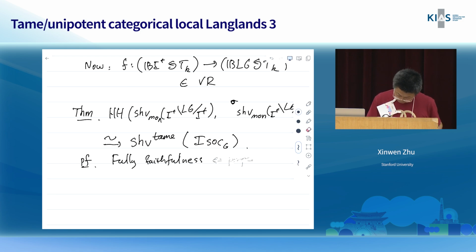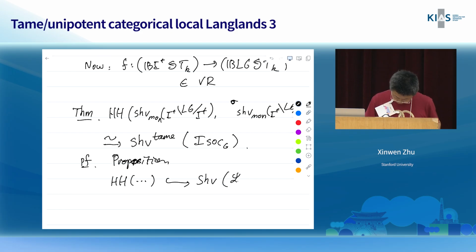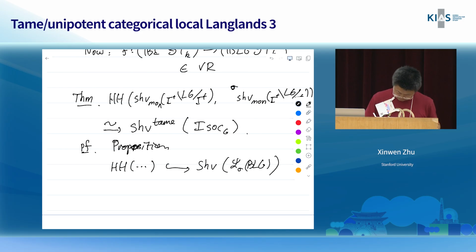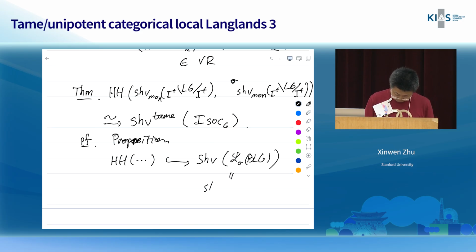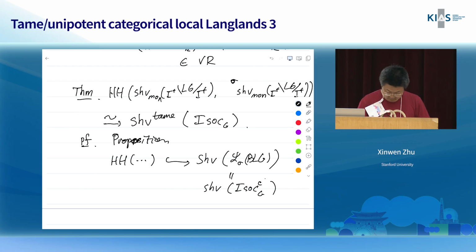Maybe I should say more precisely: this abstract proposition says that this Hochschild homology maps fully faithfully to sheaves on this loop space of BLG, the Frobenius twist loop space, but this is just the sheaves on ISOC of G, maybe a tau version.